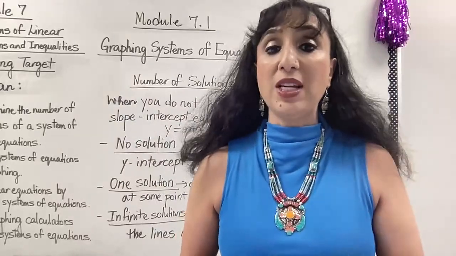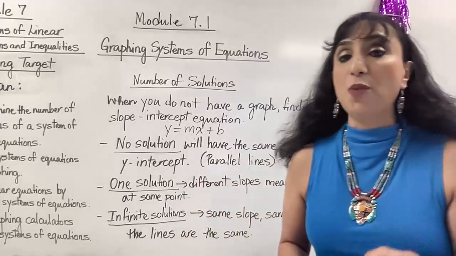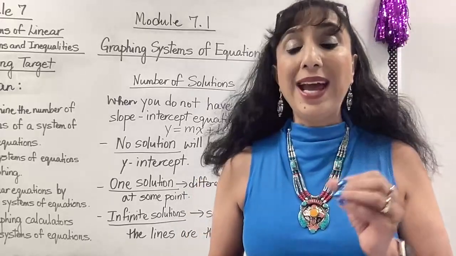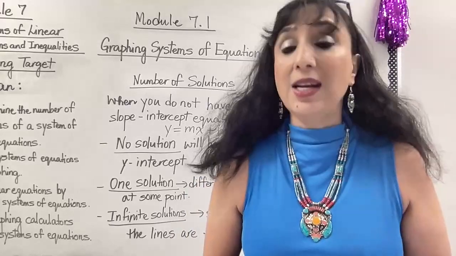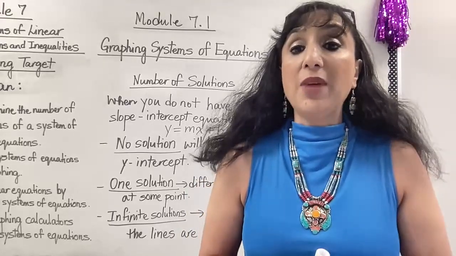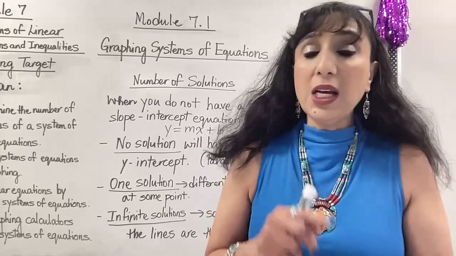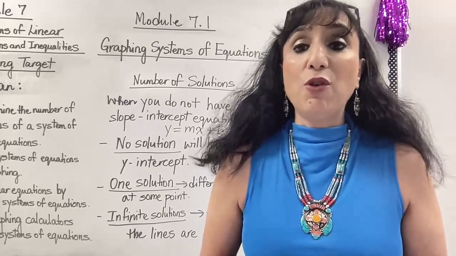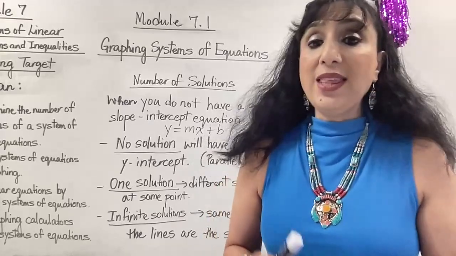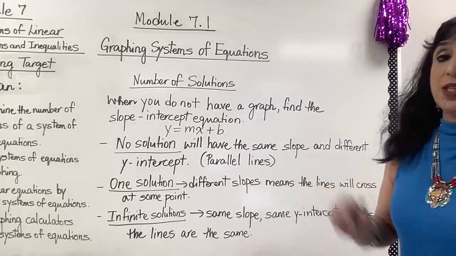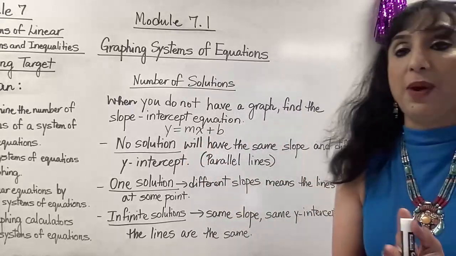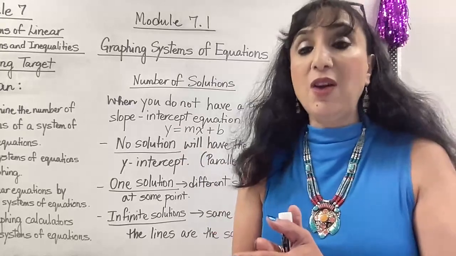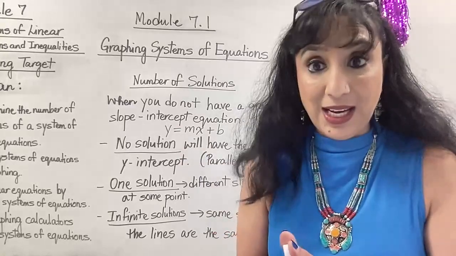If they have different slopes, at some point they are going to intersect. And so those are your consistent and independent systems of equations, and they have only one solution when they have different slopes. They'll have one ordered pair which they share where the lines intersect each other.